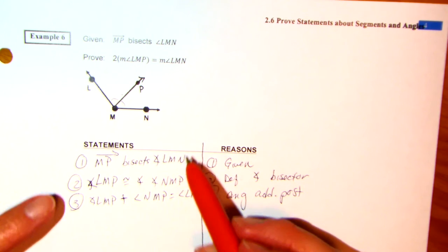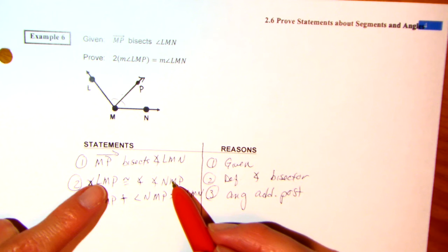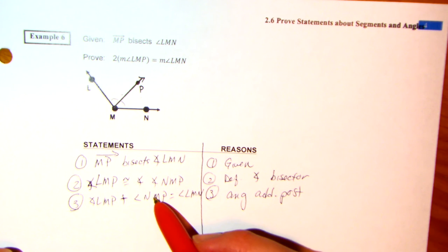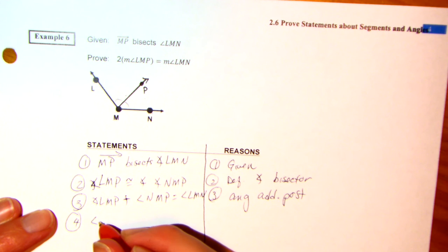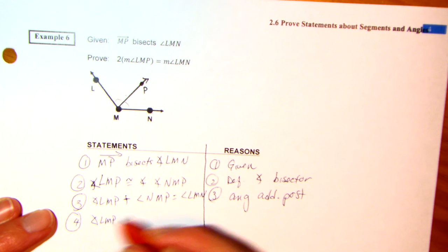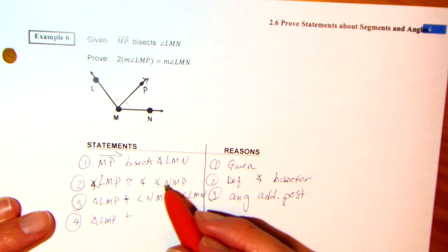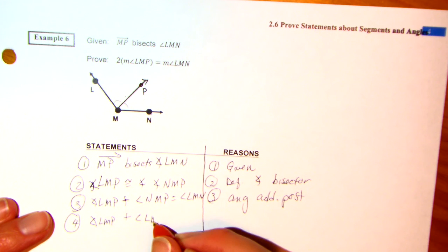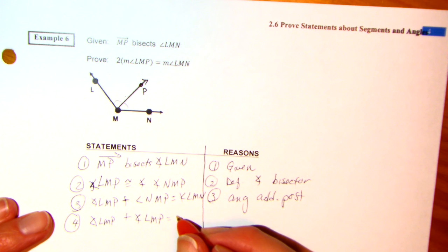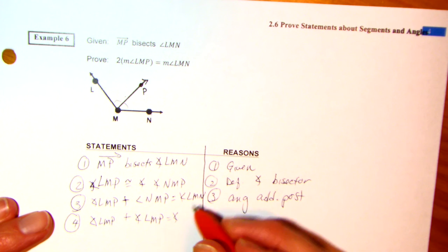Well, watch this. I know that these 2 are congruent. So I'm going to replace this with that. So angle LMP, and I'm going to substitute this in for NMP. So that's going to equal angle LMN.